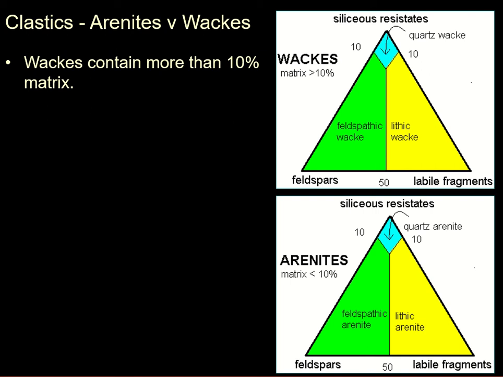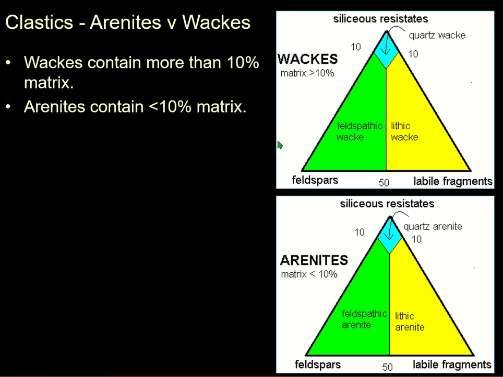And you typically get these in deep oceanic environments where there's less sorting by stream regime. So an arenite must contain less than 10% matrix. So up here, 10%, that's a Wacke. And this is not. Okay, yes, this is how much is matrix.